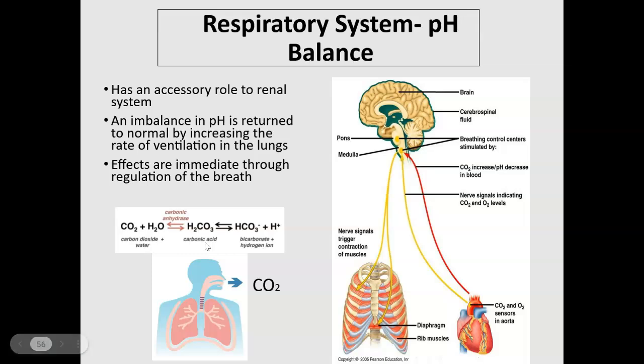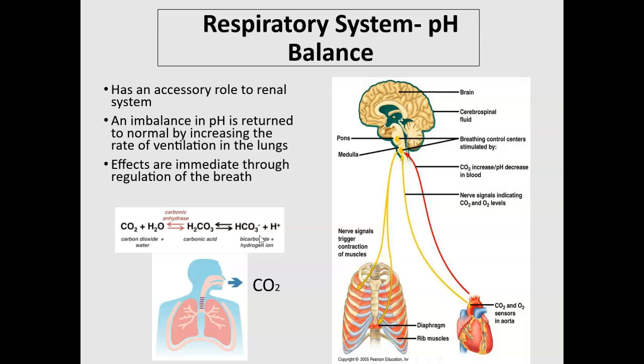When cells metabolize nutrients, they produce CO2. That is a waste product which will diffuse into the bloodstream and increase the concentration of carbonic acid, leading to a rise in hydrogen ions. This increase in hydrogen ions lowers the pH of the blood, making it more acidic.